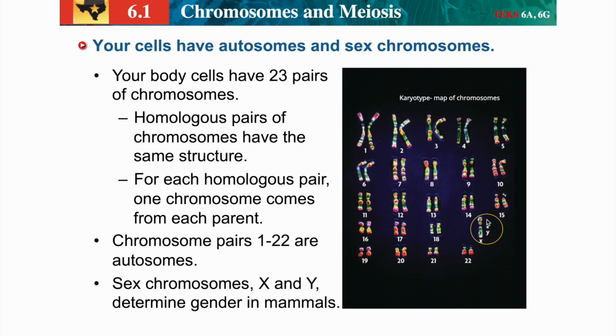Sex chromosomes. The X and Y chromosomes determine the sex of an animal. An X and a Y will be a male, and an X and an X will be a female. So each time a cell goes through the process of making a gamete, a female can only make one type of gamete because they have 2 X chromosomes.